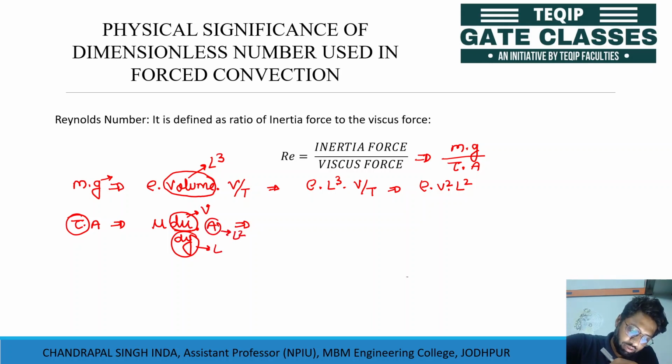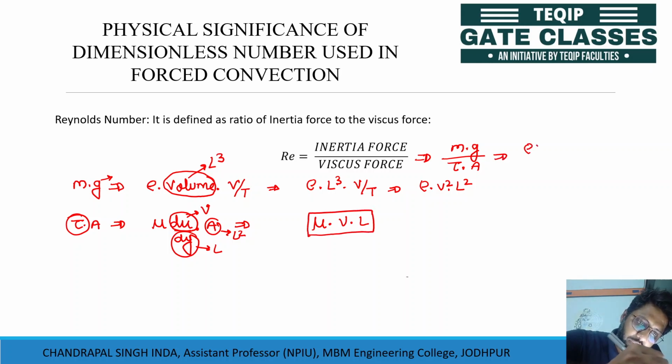Then we will have mu into velocity into length. If we put these values over here, we will have rho v L upon mu.